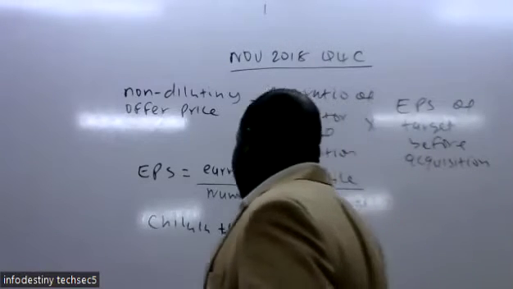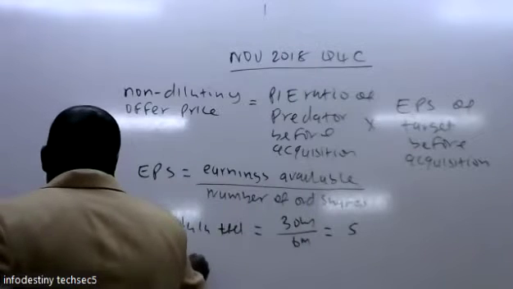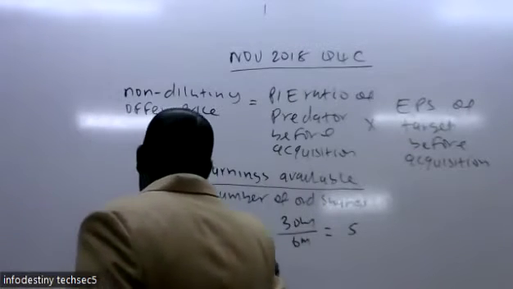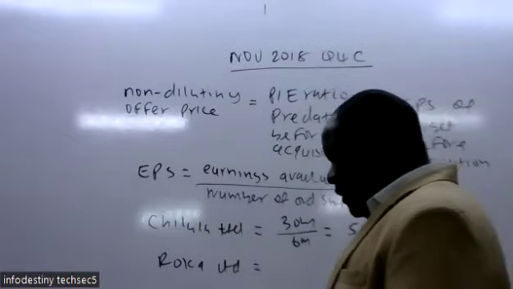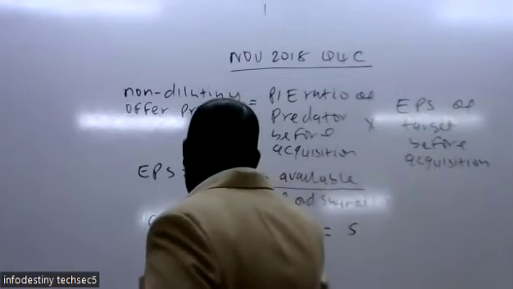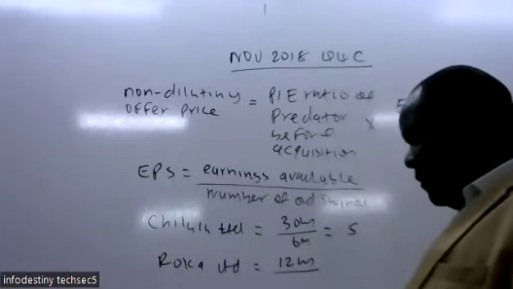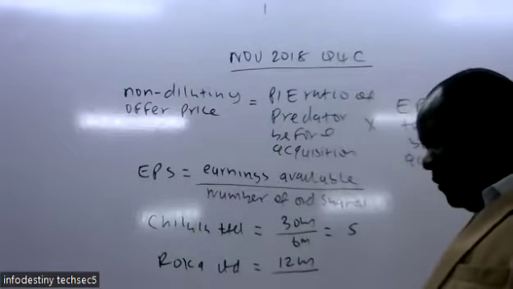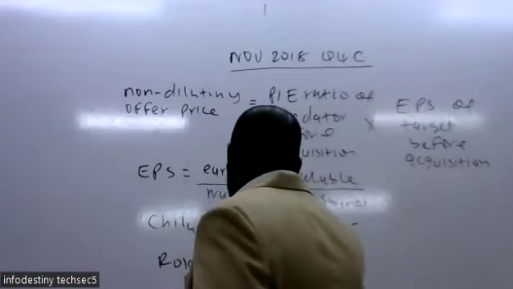Then we do the same for Rocker Limited. Net earnings is 12 millions. You also divide by the number of the ordinary shares outstanding, which is 2 million.